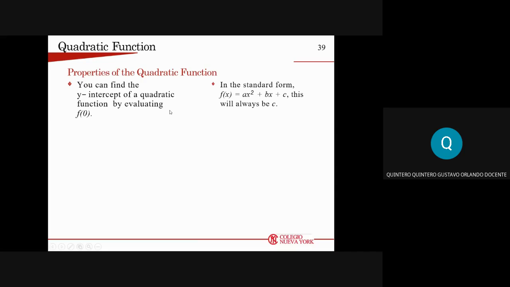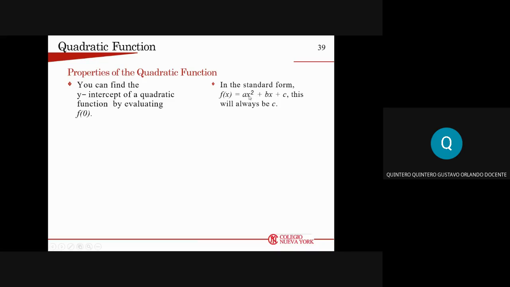Why? Well, if you change x by 0, this is what it means. What do I mean by f of 0? Well, I mean change x for 0 and find the value of f. So if I change x for 0, this x will be 0, and this x will be 0 as well. So you have a times 0 squared plus b times 0.